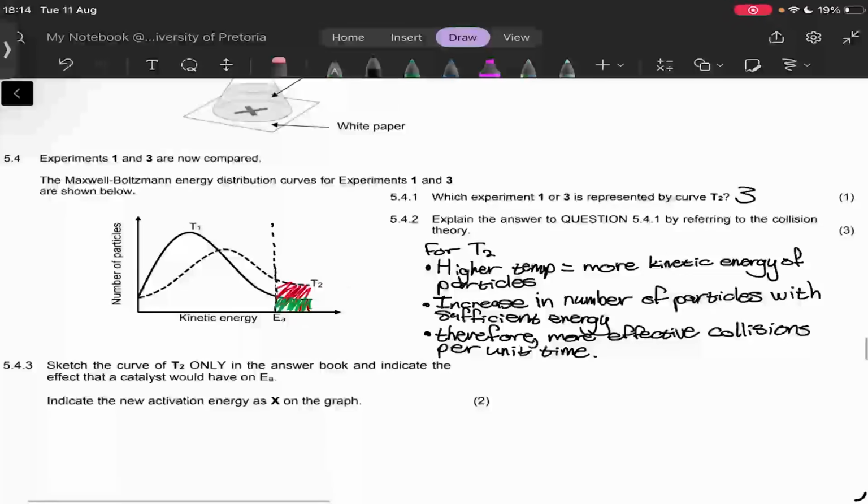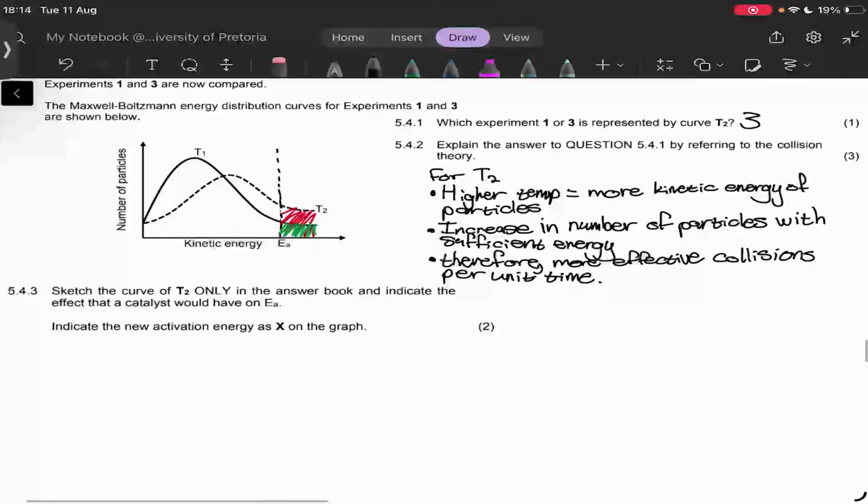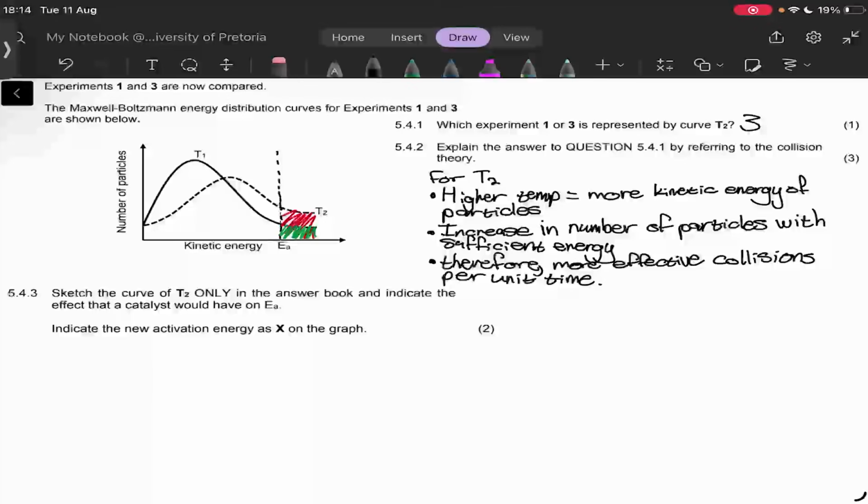Let's move into question 5.4.3. They ask us to sketch the curve of T2 only in the answer book and indicate the effect that a catalyst would have on the EA, or activation energy. I want to pose this question to you guys in the chat.